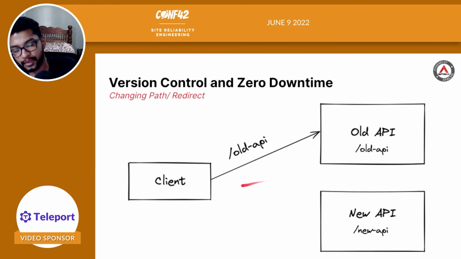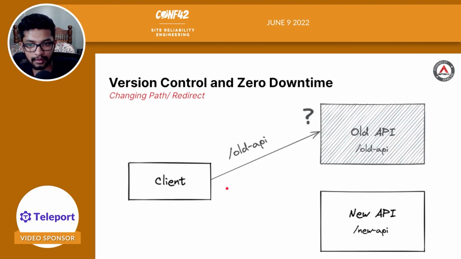When a client is used to sending requests to one particular path, and the path is no longer there, or you are trying to change the path for whatever reason, or maybe the services changed, or maybe things changed.